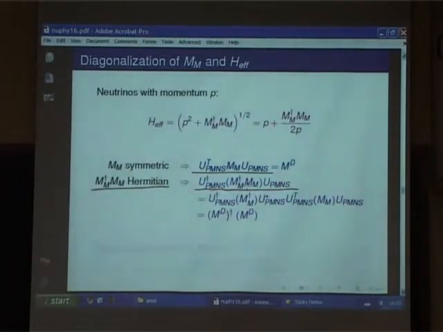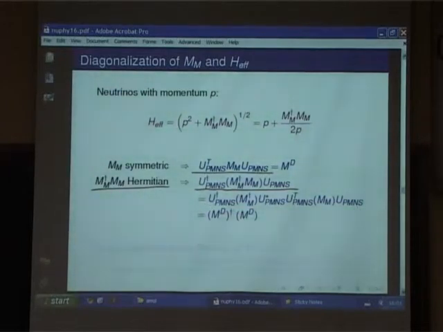If it is diagonal, I am safe. If it is not diagonal, then I cannot call both things UPMNS. So let's see what happens. In between MM dagger and MM, I introduce U star U transpose, which is 1. So here I get U dagger MM dagger U star, and here I get U transpose MM U.